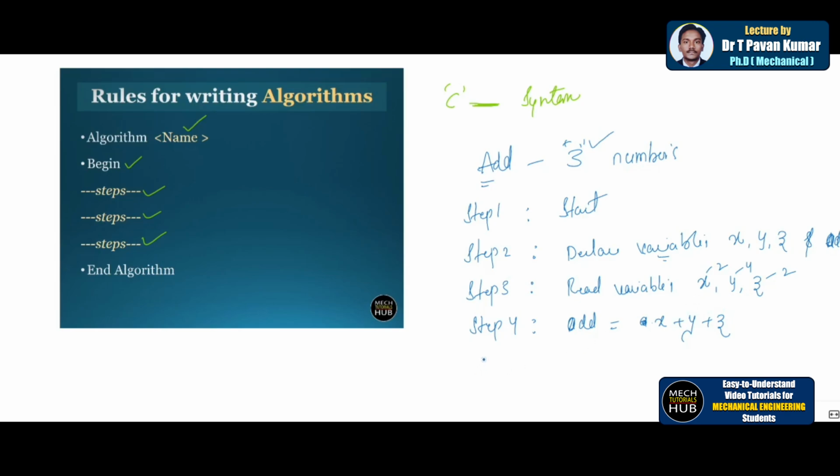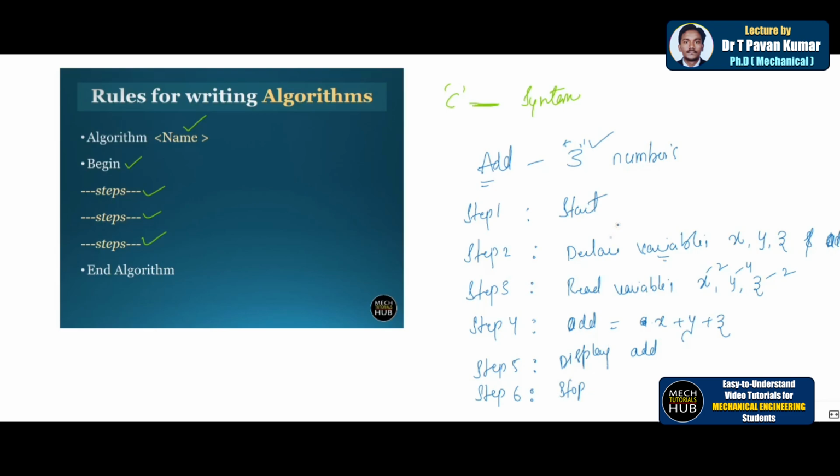Where does that answer have to be displayed? Step 5: display what? Add. What is add now? This sum. And finally, step 6: stop the algorithm.